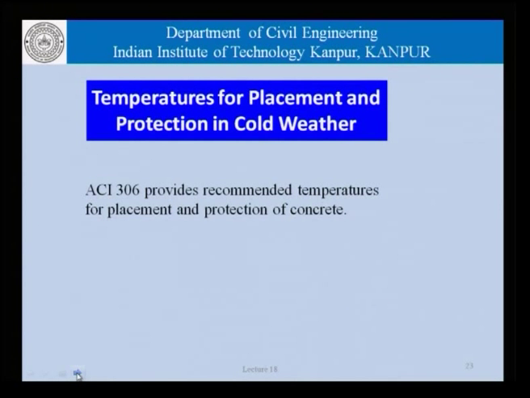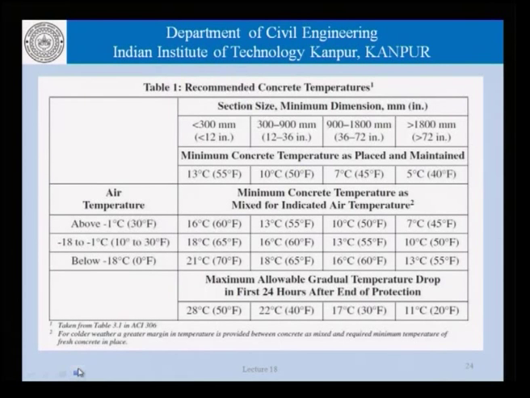Now, as far as the placement temperature and protection in cold weather is concerned, the ACI provides recommendations for the temperatures for placement and protection.